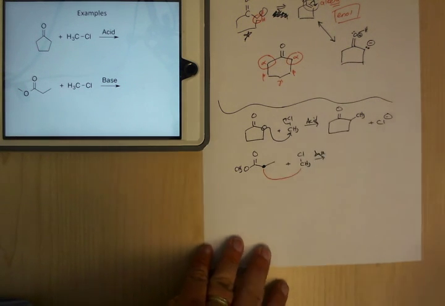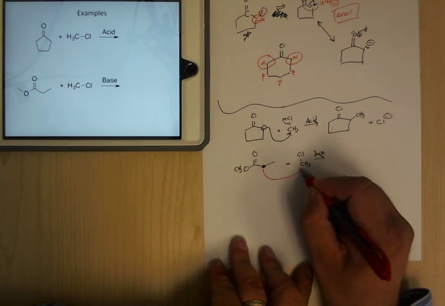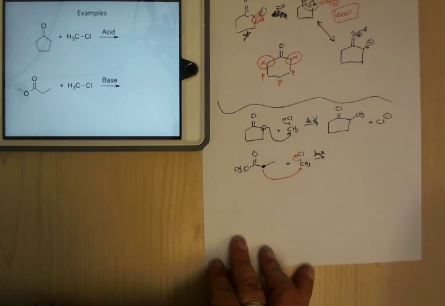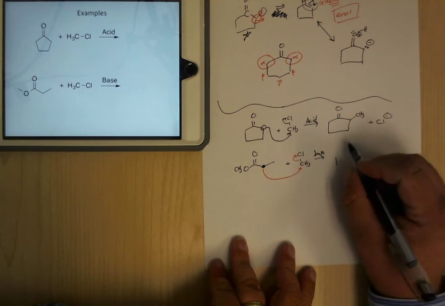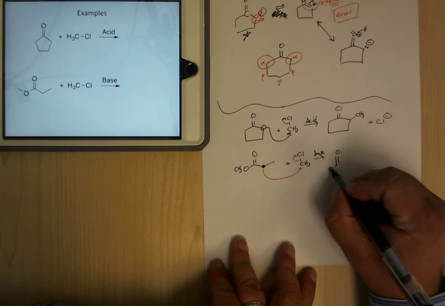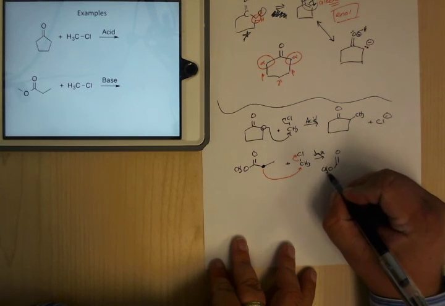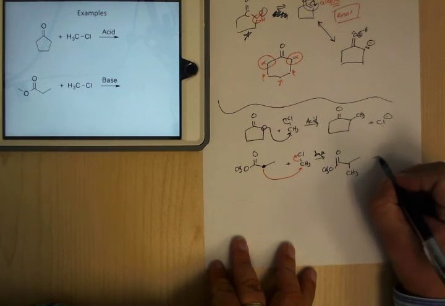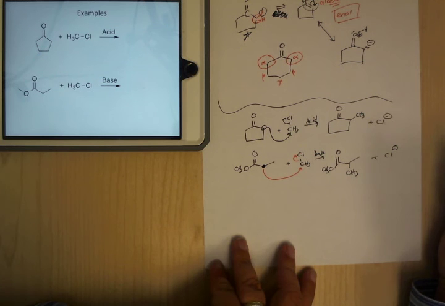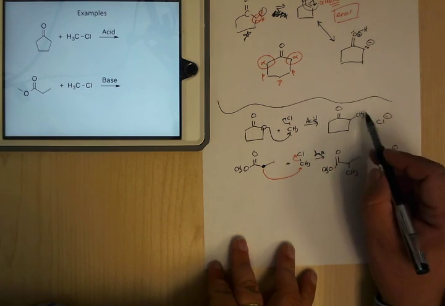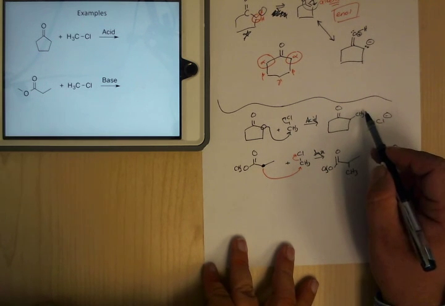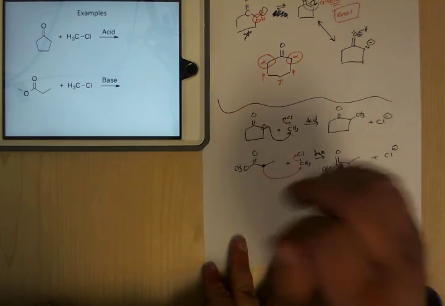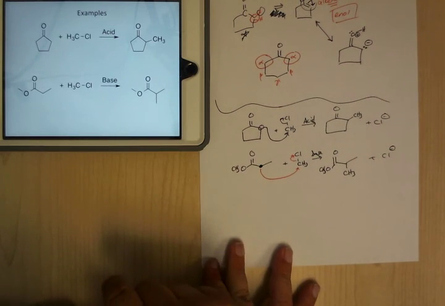Usually you run these in acid, but you can run base there to make the product plus CO minus. So we're having these alpha carbons act like a nucleophile. There you go.